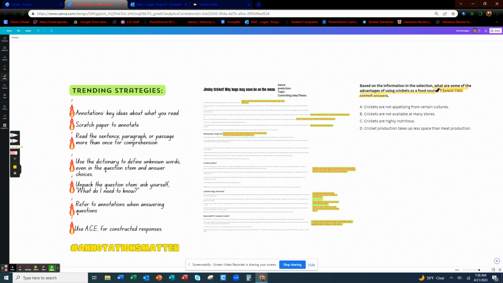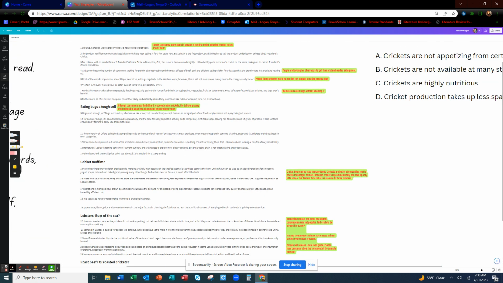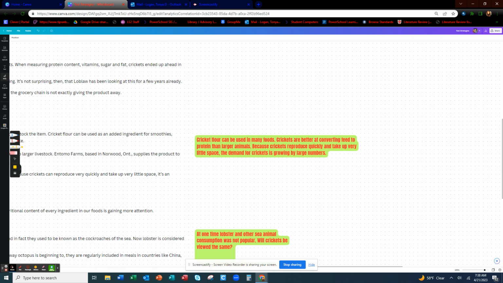Well, I need to go back to my annotations over here, because if I took good annotations, I will be able to find that answer, and I will be able to choose the correct answer. So here I know right here. I annotated, and right here is my answer.